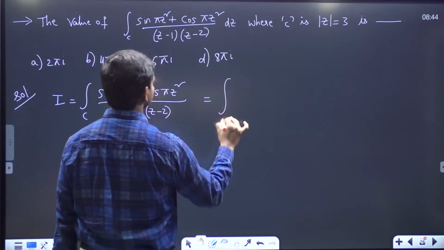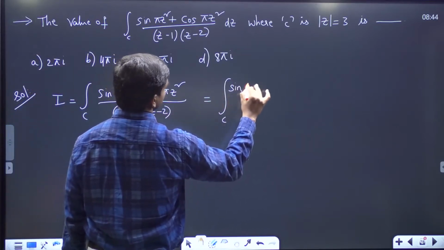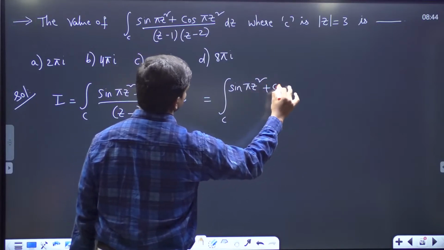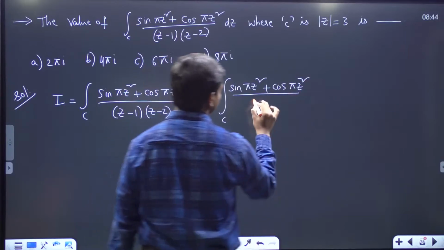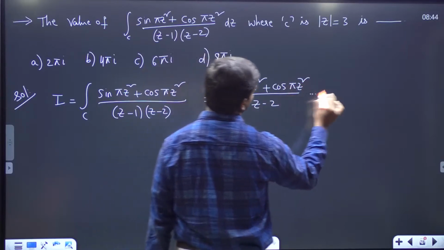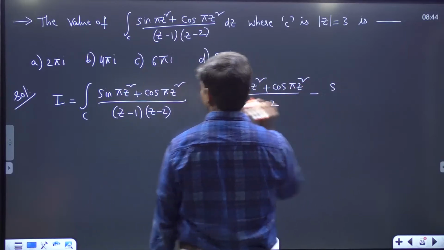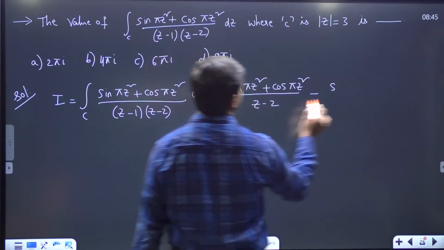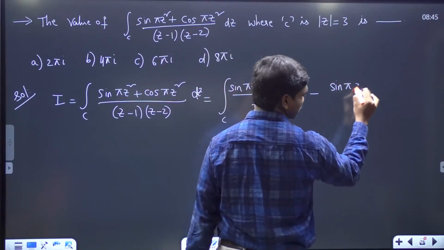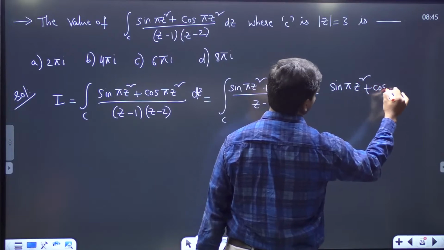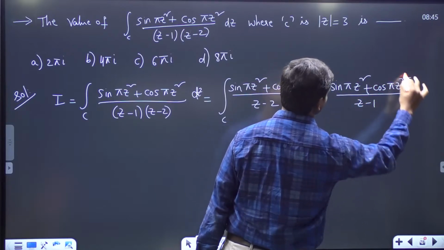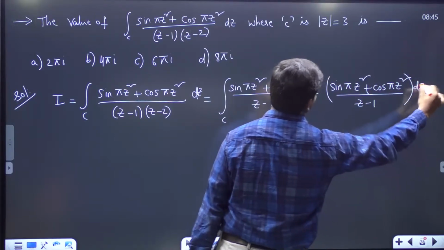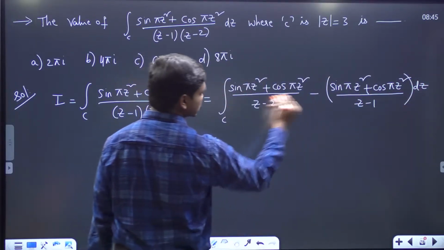Can we write this as (sin πz² + cos πz²)/(z − 2) minus (sin πz² + cos πz²)/(z − 1), with dz, so you can split this integration at this minus sign.